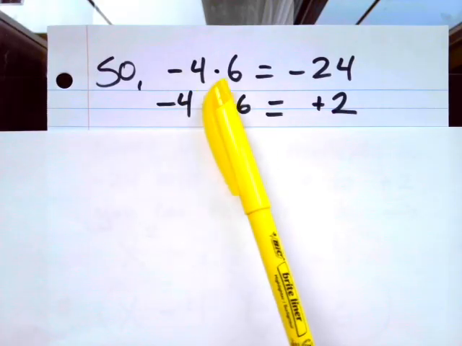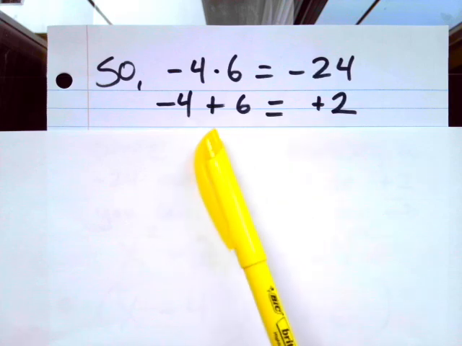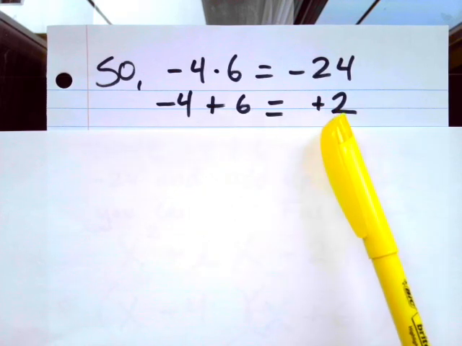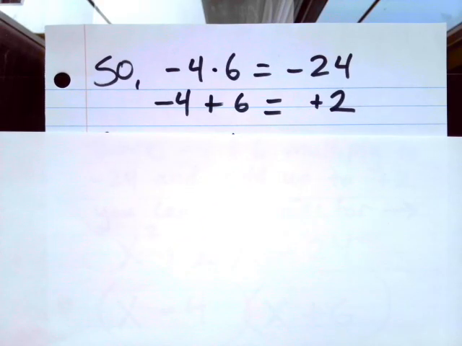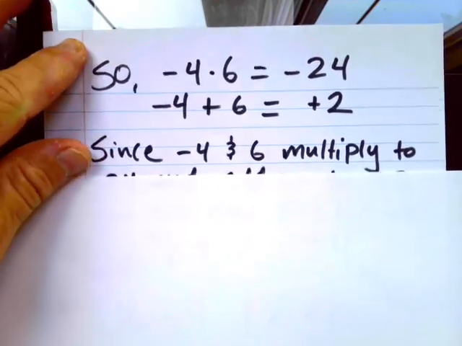We have negative 4 times a positive 6 gives me a negative 24, and a negative 4 plus 6 equals a positive 2. So we found those two numbers that meet the criteria. Let's go ahead and move forward.